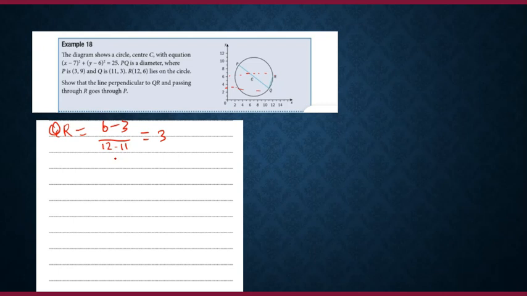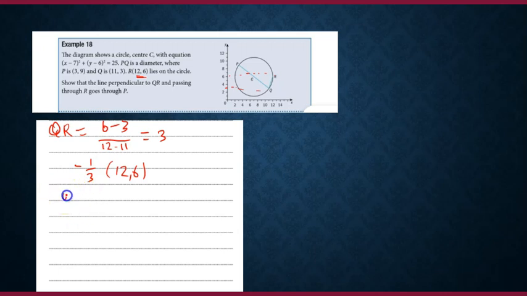Gradient of perpendicular line multiplied by the gradient gives -1. So the perpendicular line gradient becomes -1/3. The equation of the perpendicular line through the point we are given, the point is 12, 6.